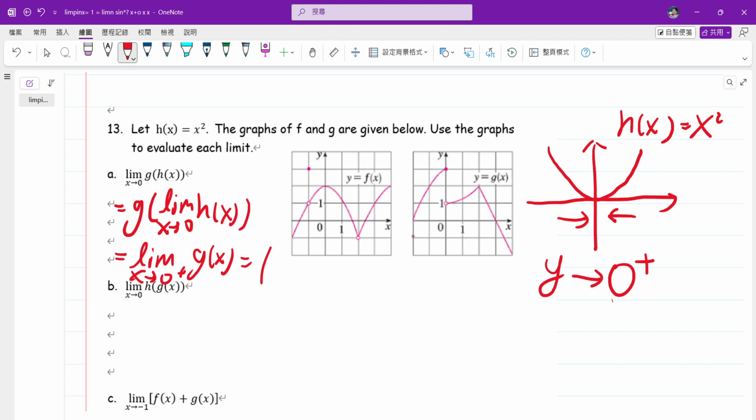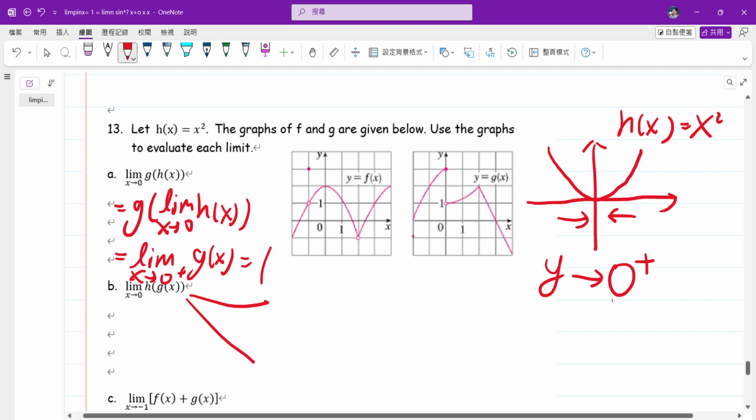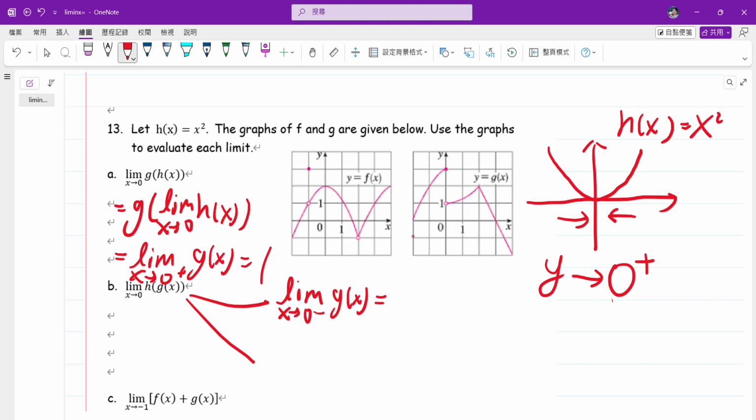Okay, how about the opposite? Then we have to divide into two different parts. First is the limit x approach 0 from the positive side, or negative, whatever, of g of x. Okay, that equals 3.